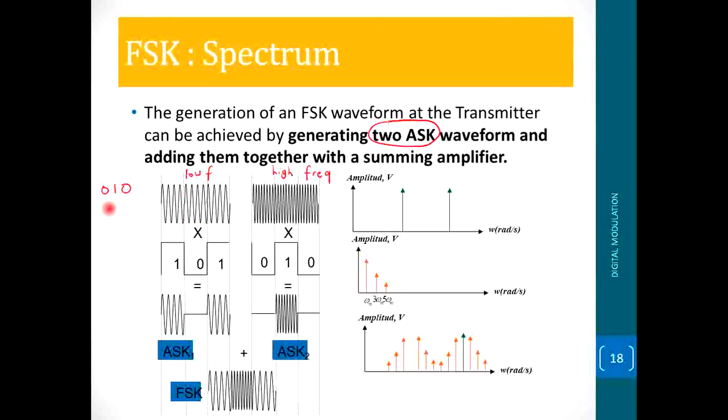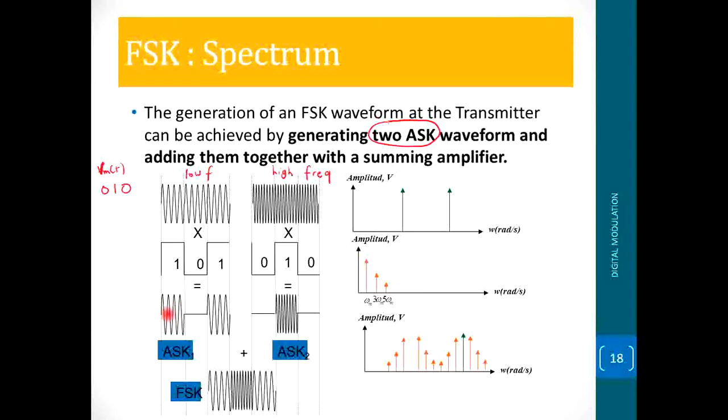The information signal is 0 1 0, and then this frequency will have the inverted 1 0 1 multiplied with the low frequency to generate the low frequency here.